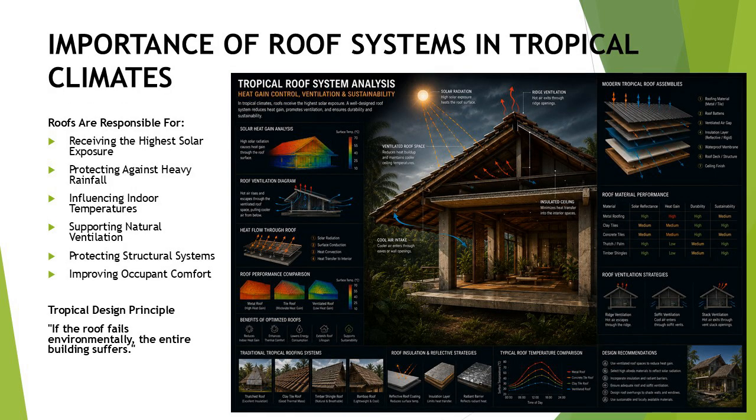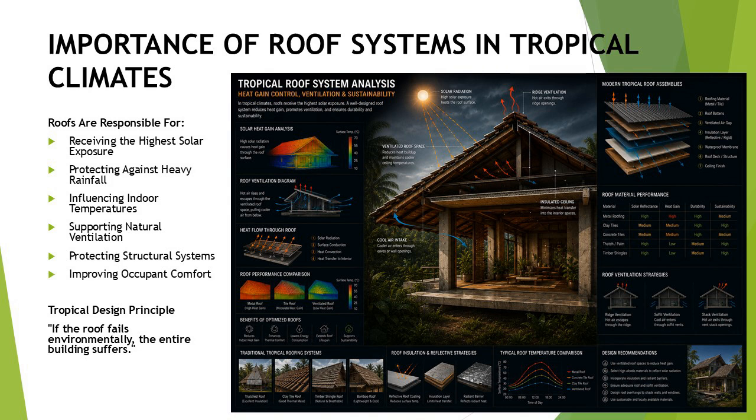Before discussing roof types, we must first understand why roofs occupy such a significant role in tropical architecture. Among all components of the building envelope, roofs are often the most environmentally important. Why? Because roofs receive the greatest environmental exposure. Consider the environmental forces acting upon a roof every day.